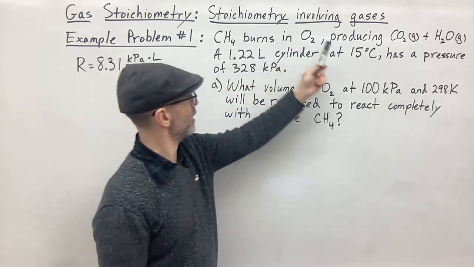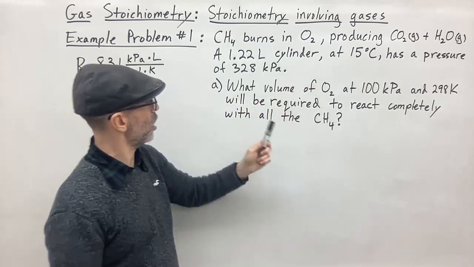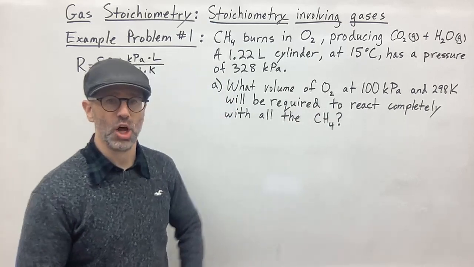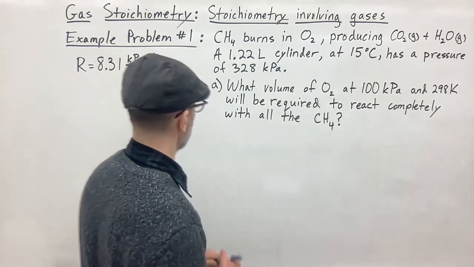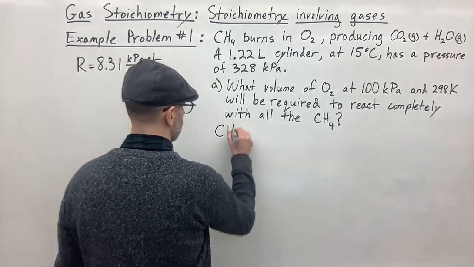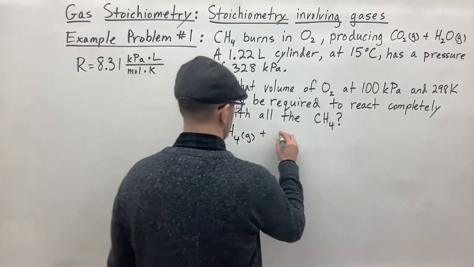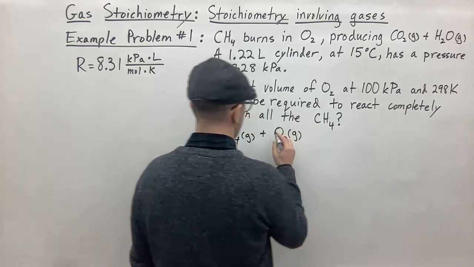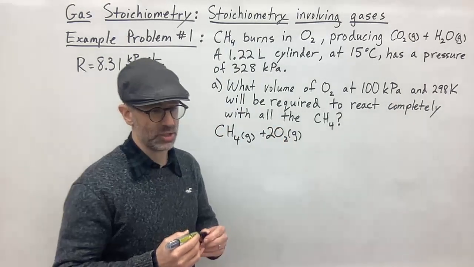So we're given information regarding the CH4 here, and we want to know what volume of O2 will react completely with that. The first thing we want to do is get a balanced equation. The balanced equation is going to be CH4 gas plus O2 gas, and that's going to be a 2.